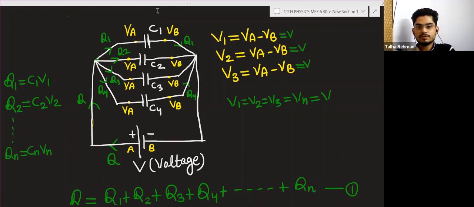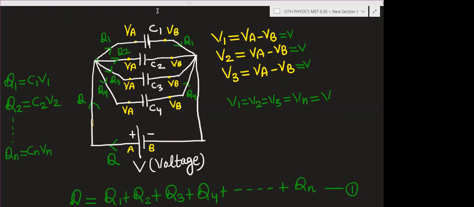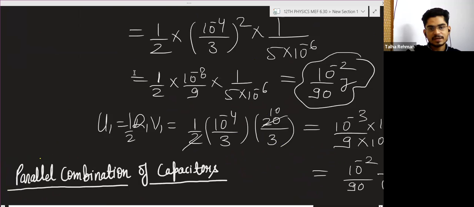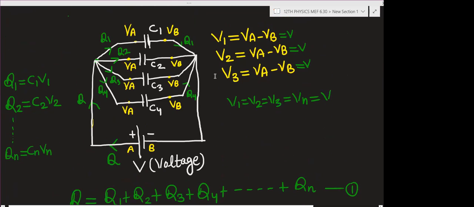Please note it down. Nawal, have you got my point? Yes, sir. Actually, why is the potential the same here? Because when you are moving from here to here, there is no capacitance or resistance. If the potential at this point is VA, then here also the potential is VA. We have discussed this earlier, no? Yes, sir. Okay, that's fine.